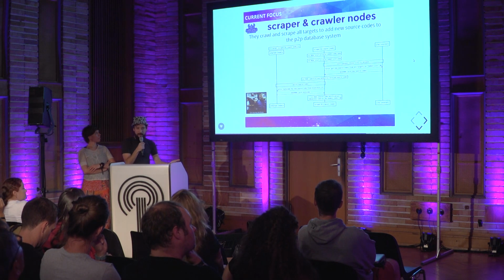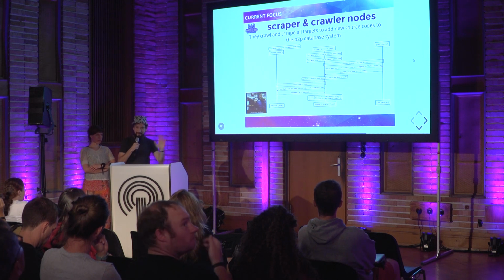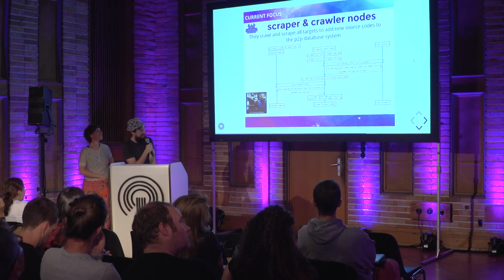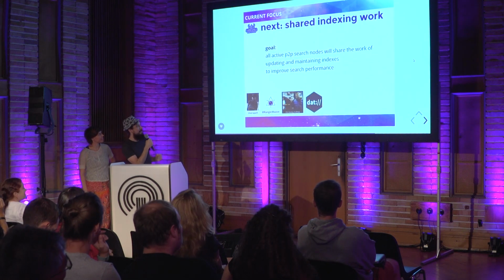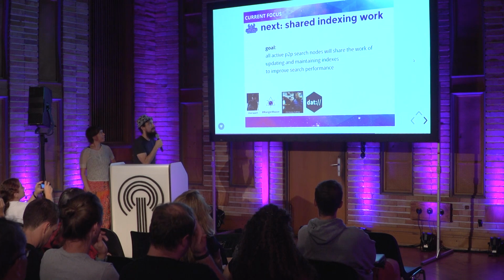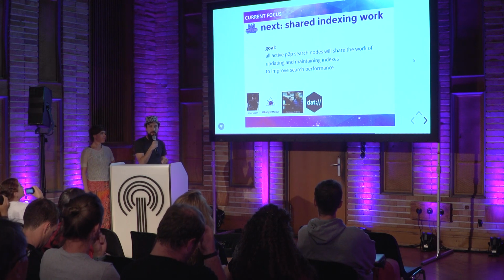And we have a version that works right now. I mean, it's pre-alpha and many things can break. But what we are currently working on is an improvement: how can we share the work of indexing?